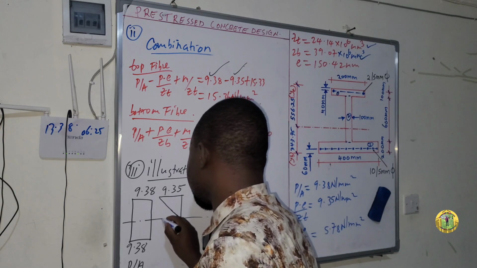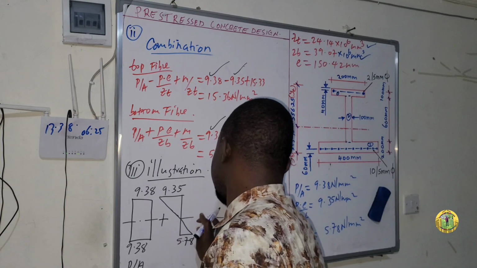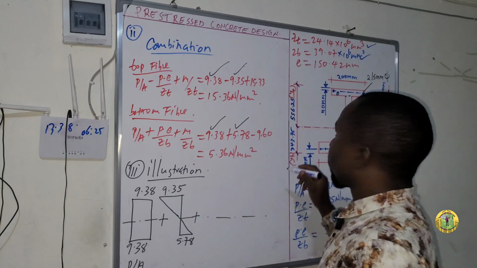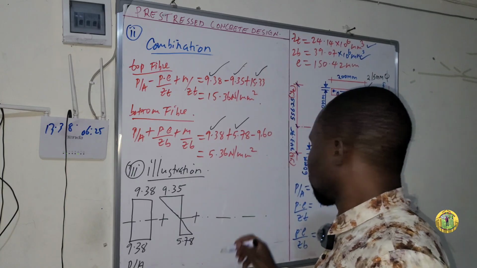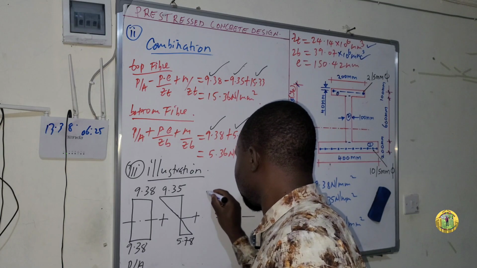So this is plus. Again plus. We come to this 15. At the top we have 15, this is positive.